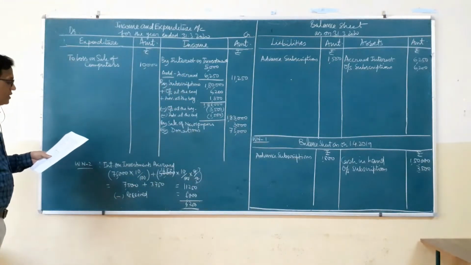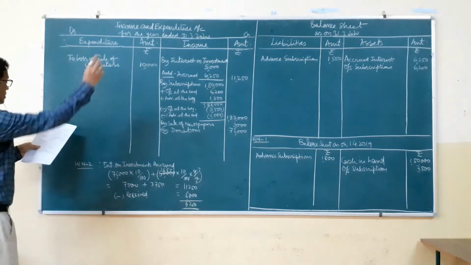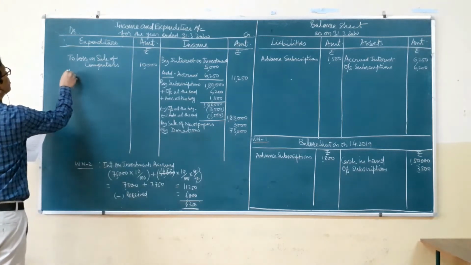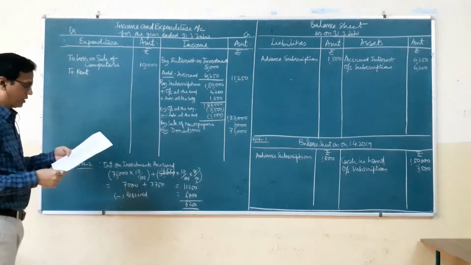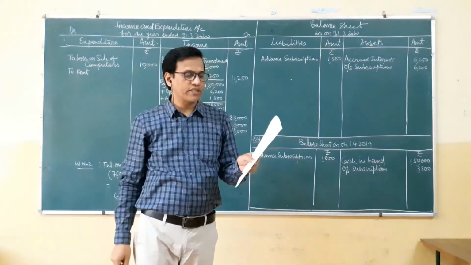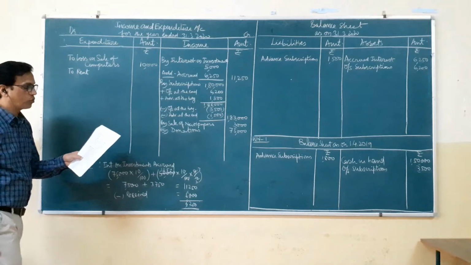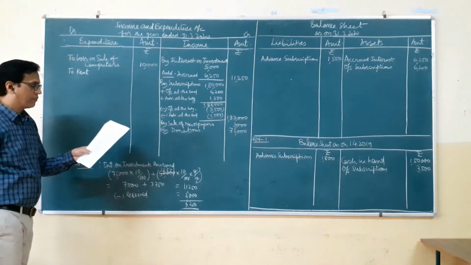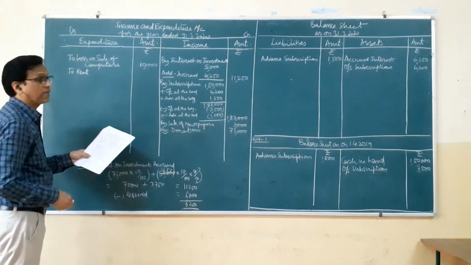Then on the payment side, by rent. So we write to rent, and let us see if any adjustment is given about it. Last adjustment you see, 6th, outstanding expenses for rent 900. Rent of 900 rupees was outstanding at the end for the current year. It is written for the current year, so 900 is outstanding rent amount.